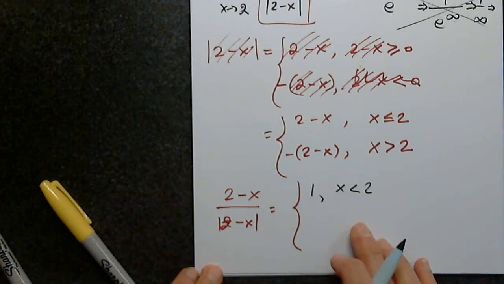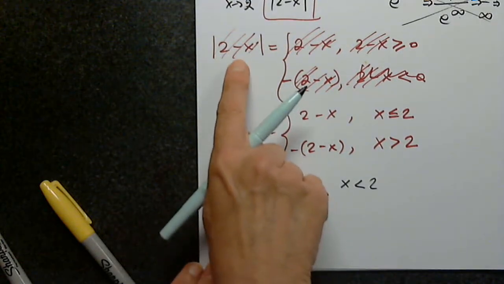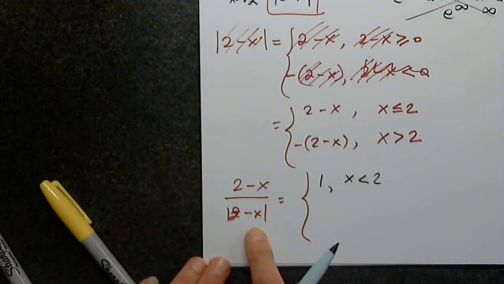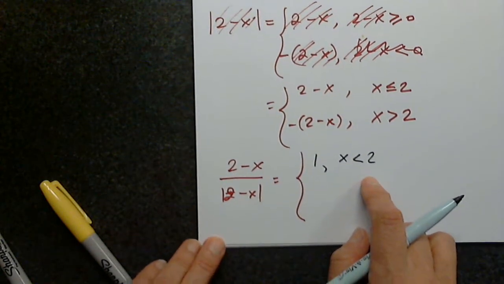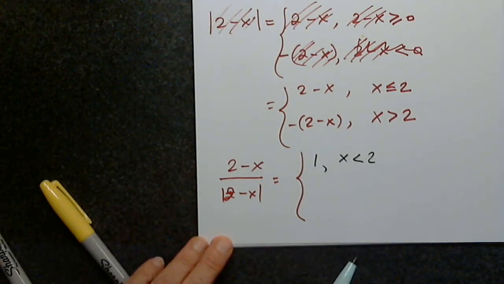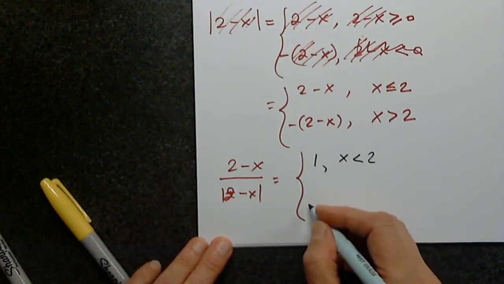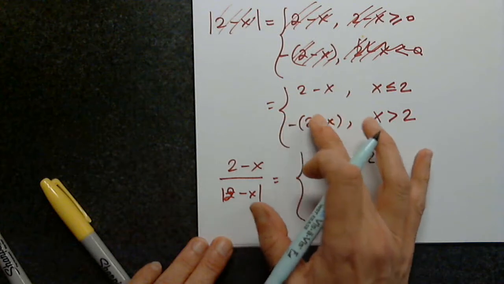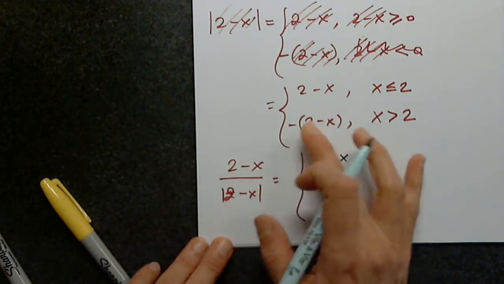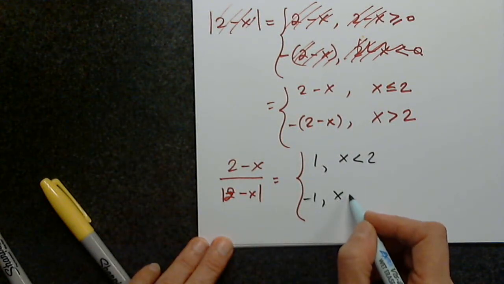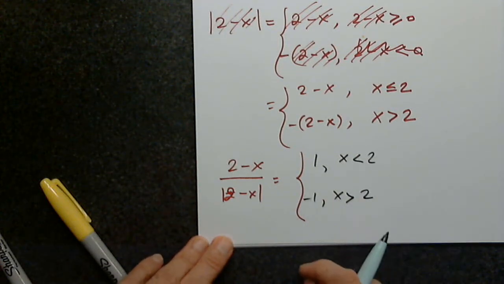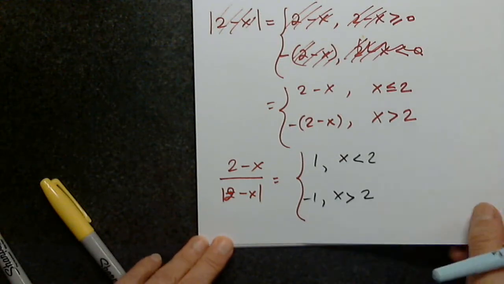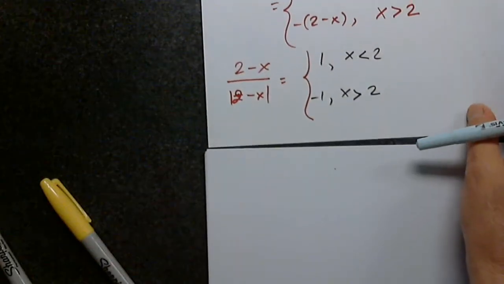Why can I no longer put the equal symbol? Because now this quantity is in the denominator. And what is the other option? When I have this at the bottom, negative 1, for x greater than 2. Perfect.